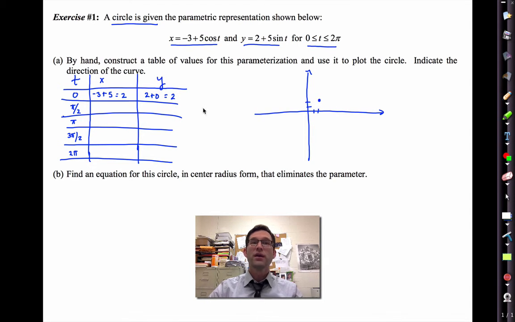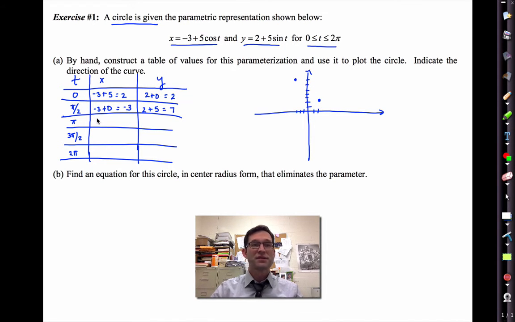That's our starting point. Now when we go to pi over 2, we know that the cosine is 0, so we'll get negative 3 plus 5 times 0, so that'll just be negative 3. On the other hand, the sine of pi over 2 is 1, so we'll get 2 plus 5, and we'll get 7. So the point (negative 3, 7) is also on our circle.